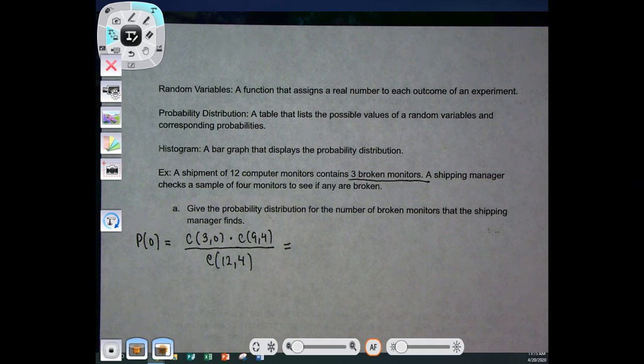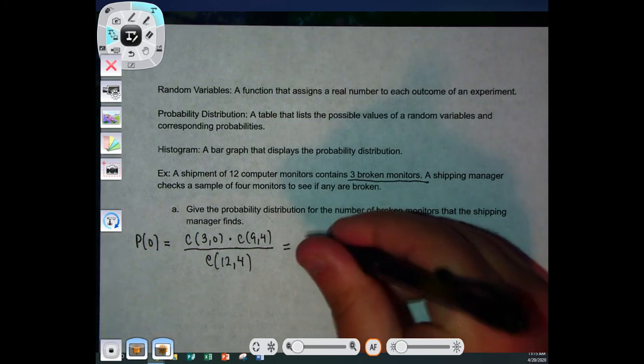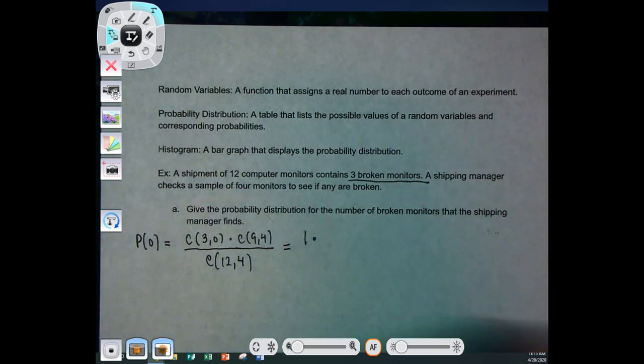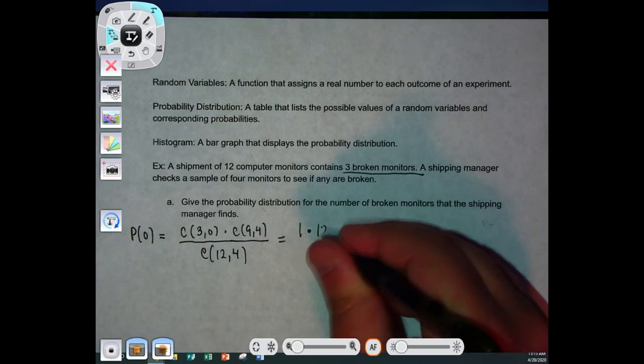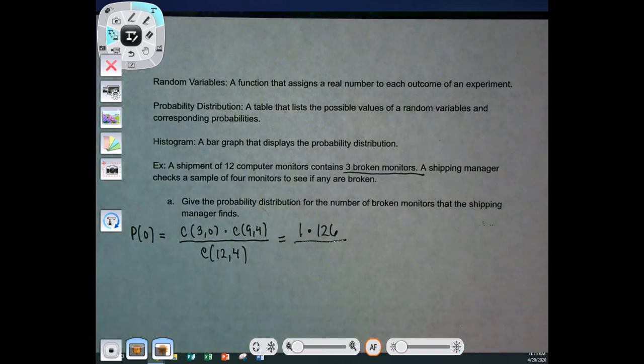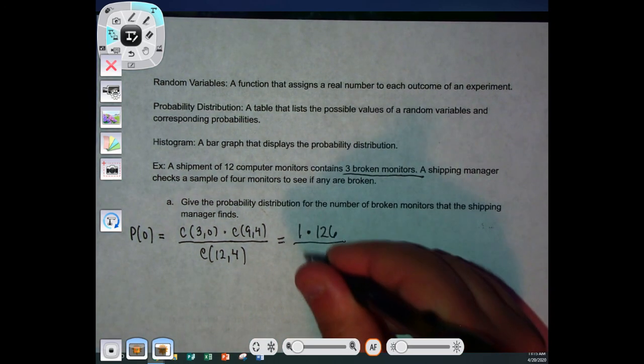So when we do 3 choose 0, we end up with 1, times, when we do 9 choose 4, we end up with 126, over 12 choose 4, which is 495.